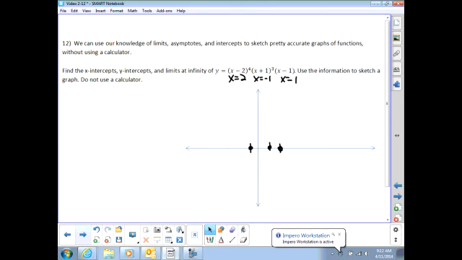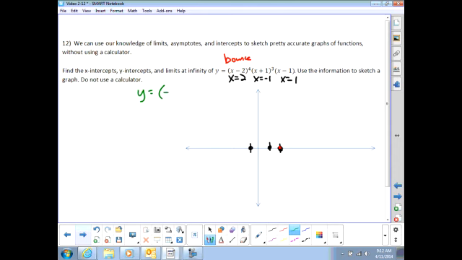You also learned last year that any even-powered ones are going to bounce. So we will bounce at our +2 root. So that one will get a bounce. Our y-intercept we can get by plugging in 0 for x.